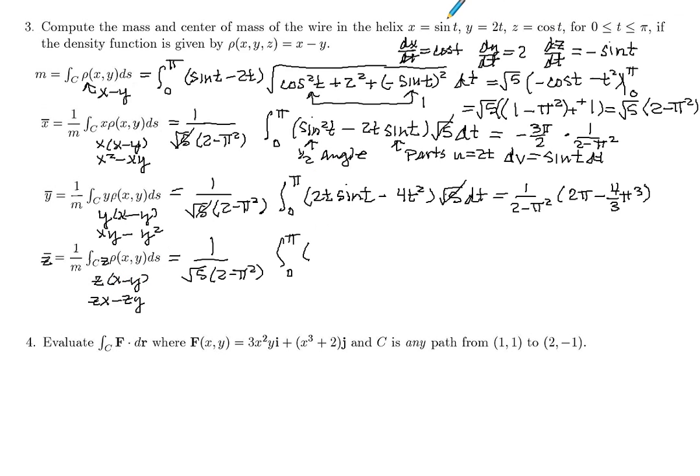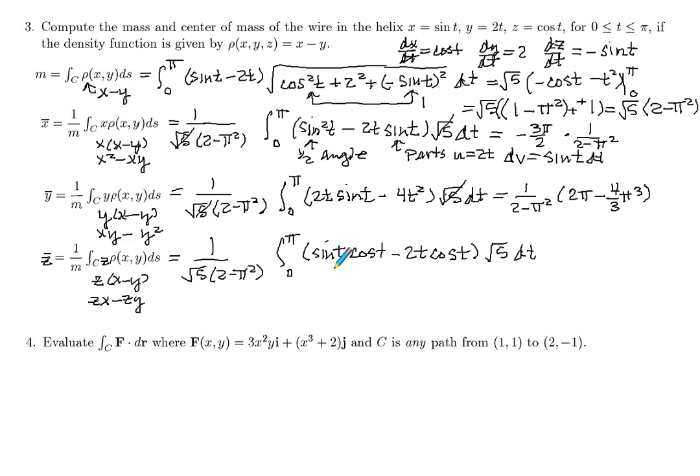So zx is going to be a sine t cosine t. And we are subtracting off a zy. So zy is going to be a 2t cosine t. And then again, our ds here is root 5 dt.